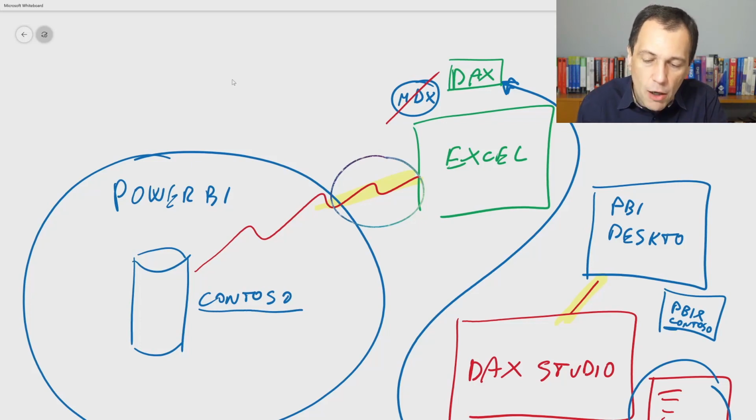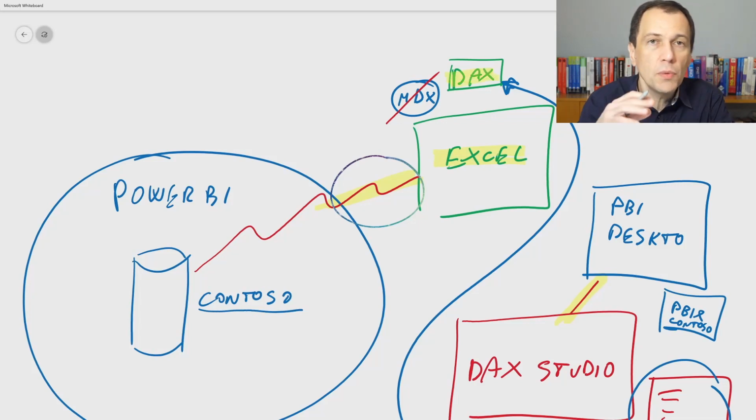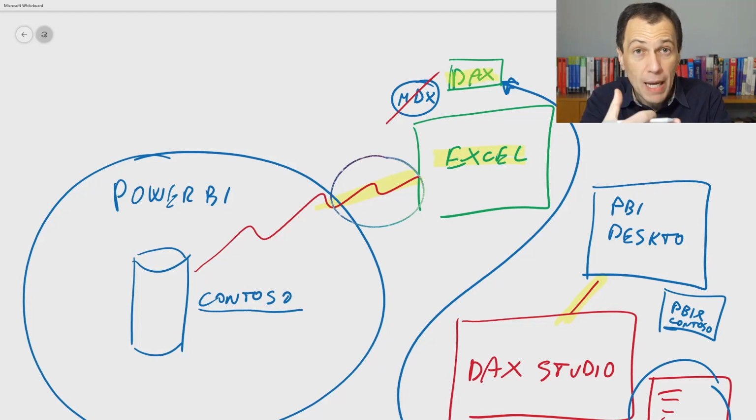I started with the idea of having an Excel workbook here, this one, which has a DAX query executed connected to a dataset published on powerbi.com. I change dynamically this query according to my needs.